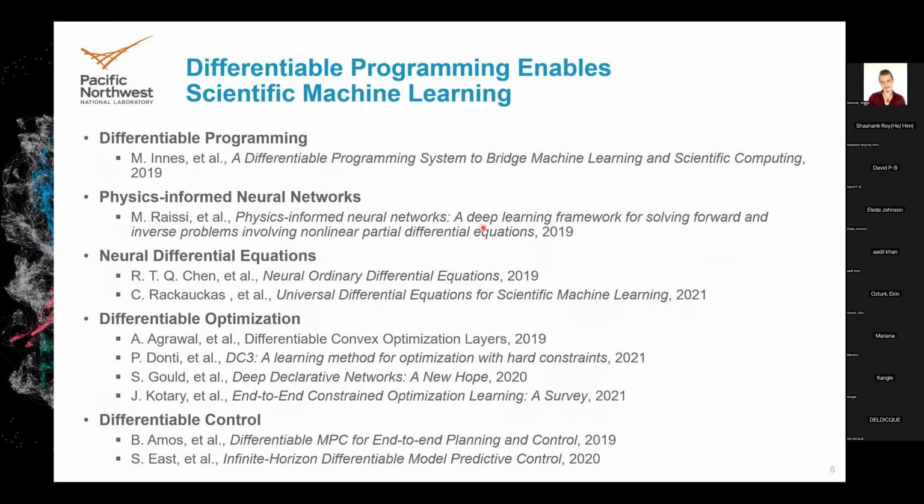Everyone knows physics-informed neural networks for solving PDEs, or neural differential equations for learning surrogates for ODE systems, and more recently, generative modeling, where under the hood, you have stochastic neural differential equations.